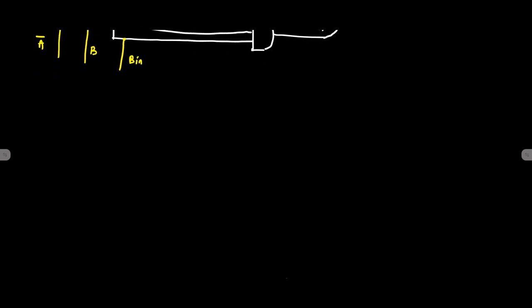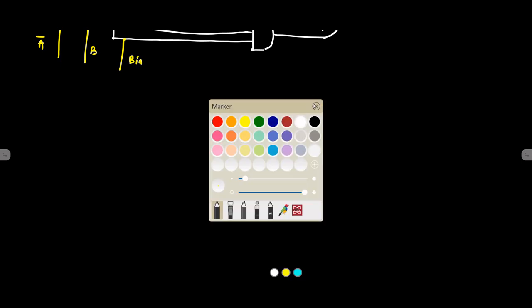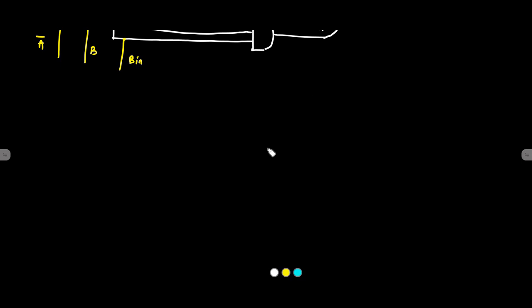Okay. Now here what we have to do, we have to use 3 2 input AND gates. One, two, three.